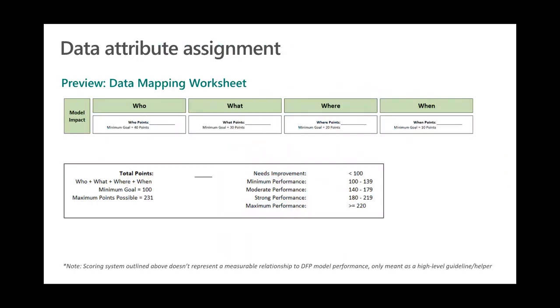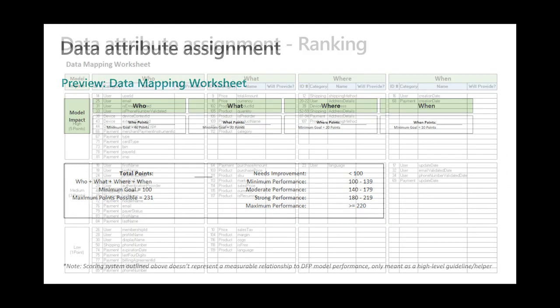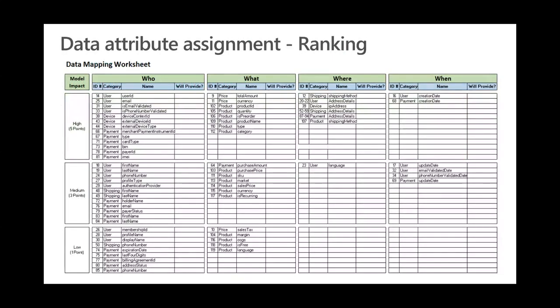A minimum score of 100 is needed to get a decent score. Higher the points, better the performance. We have assigned 3 different weightages of 5, 3, and 1 based on the data attribute type. There can be a number of attributes we can collect, but please note that not everything needs to be collected.